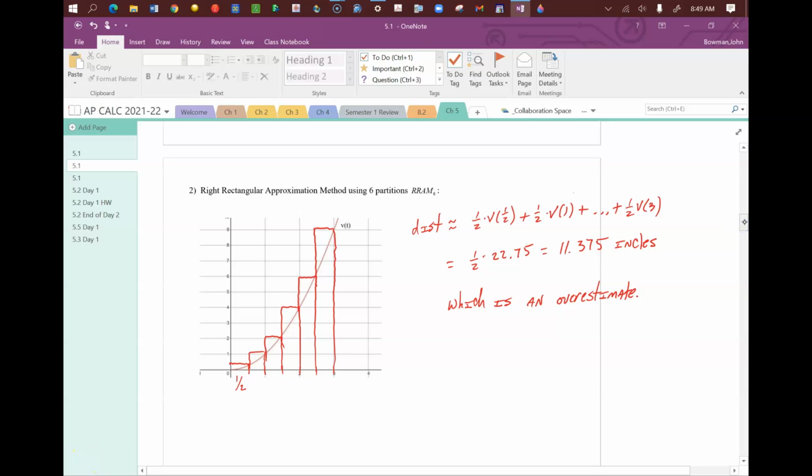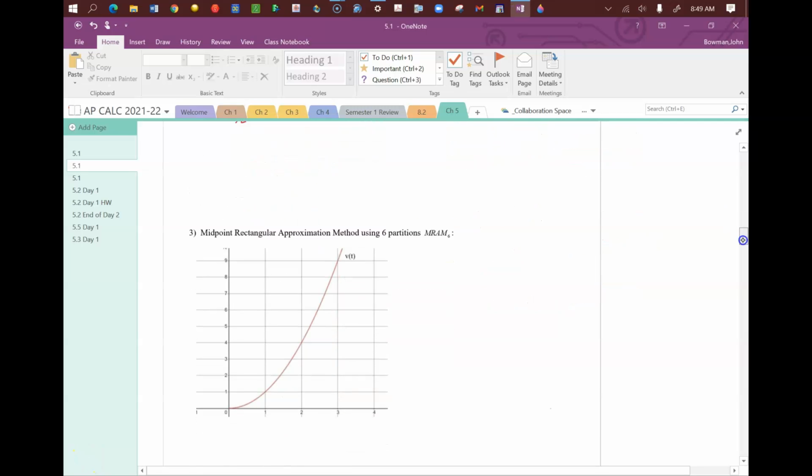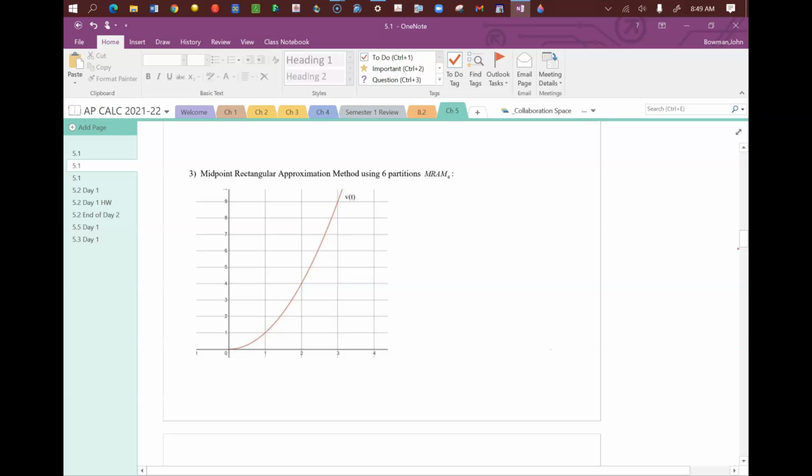And the last method that we're going to talk about is called MRAM, and that is for midpoint rectangular approximation method. So we'll start out by dividing the 3-second interval into 1/2 second subintervals. And this one's a little bit trickier. You need to estimate where the height of the rectangle is at the middle of each of those intervals.